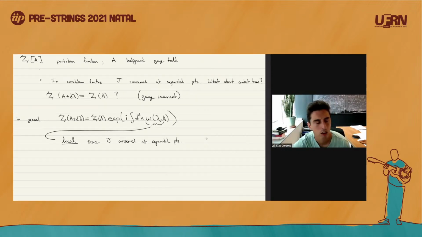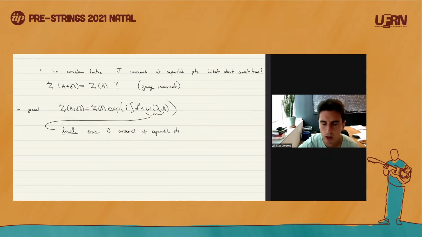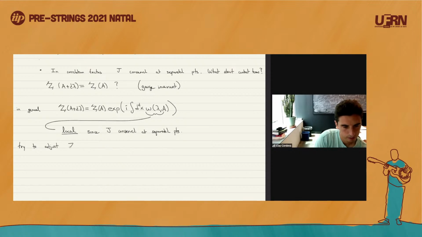Now, you might think at first sight that this is annoying. So we could try to adjust our definition of the partition function to remove it, to restore gauge invariance.